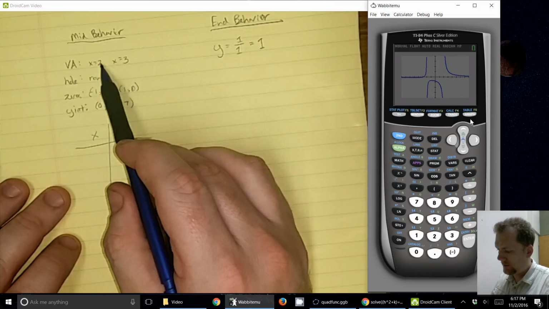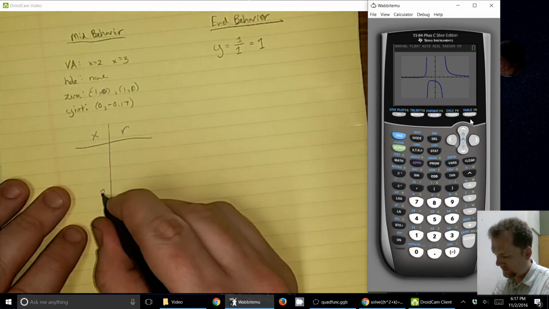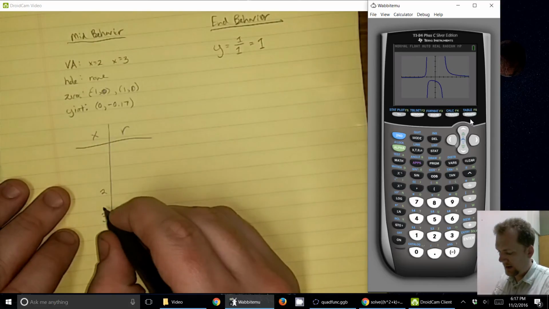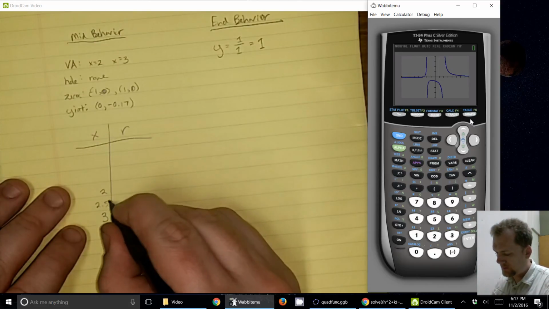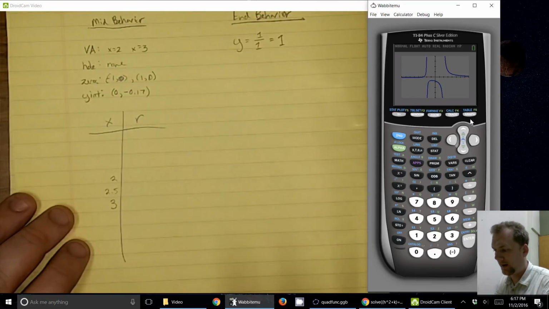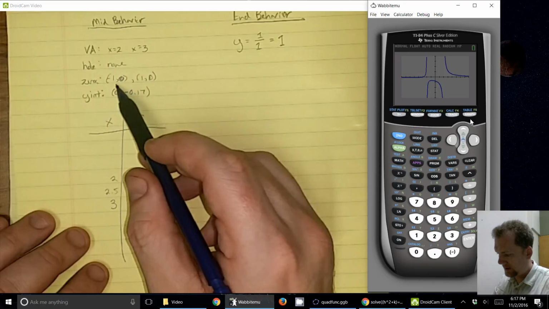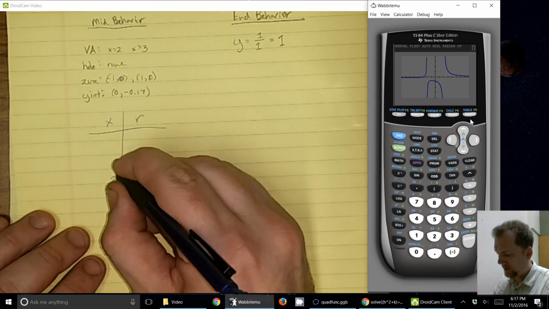Let's deal with our vertical asymptotes first, 2 and 3. I need something in between them to get the behavior in between the vertical asymptotes, because something's happening in there. If we go back, okay, let's see, 1 and -1 were our zeros.